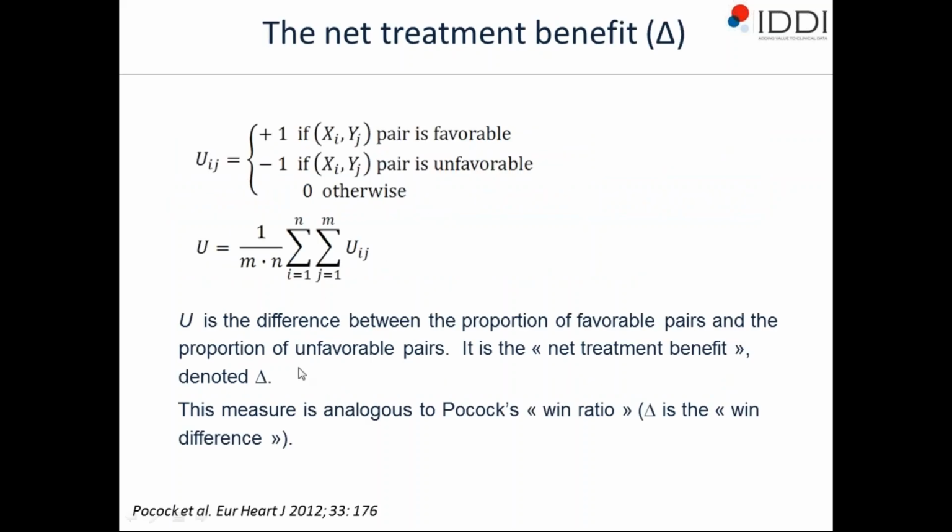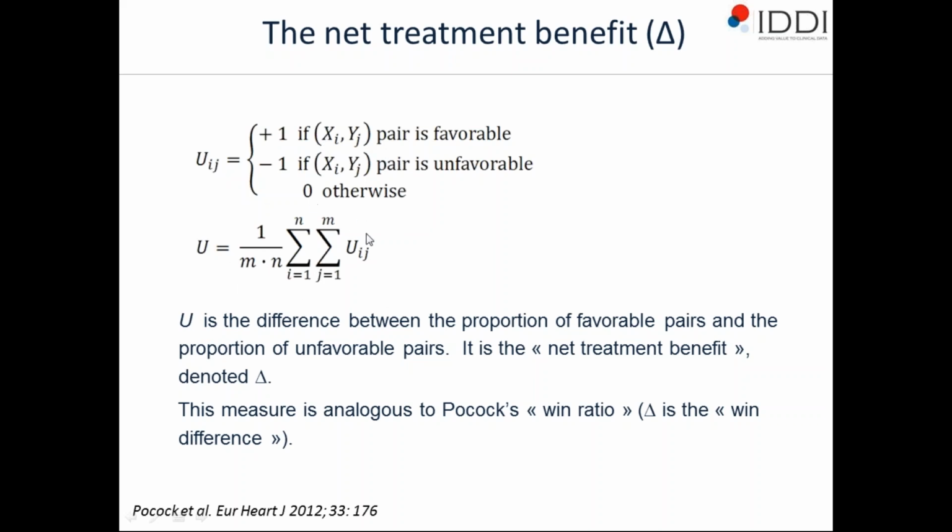And so this is a bit of a statistical slide, so don't worry if you don't get the notations. But essentially what this shows is that by doing this, we've calculated a so-called U statistic. There's a general theory of U statistics in statistical theory, but in this case, it's really an easy one.